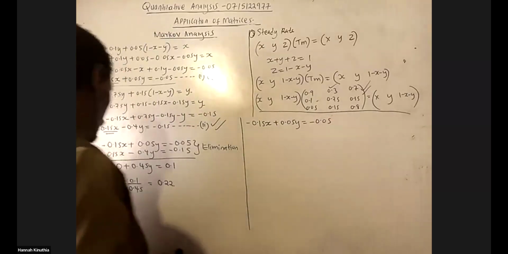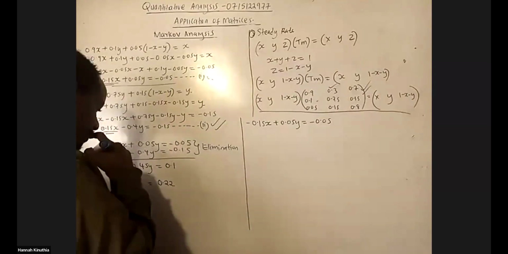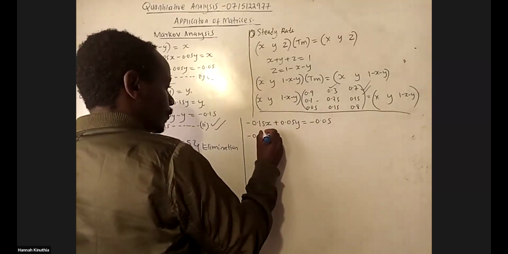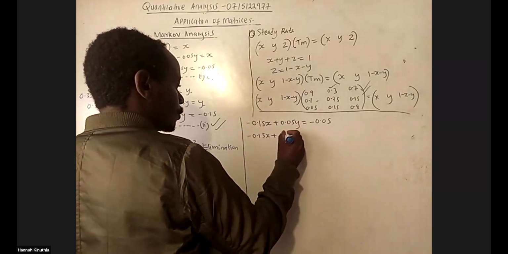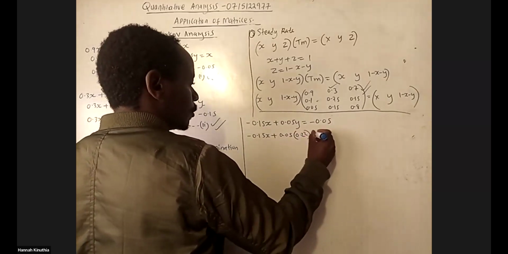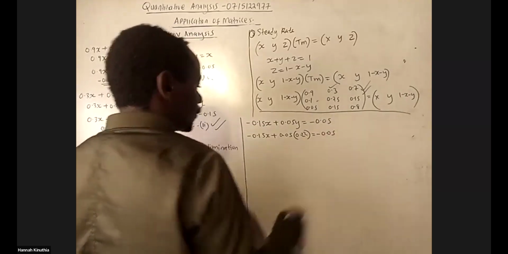So let us find the value of y. Itakuwa minus 0.15x plus 0.05, tunaweka 0.22 equal to minus 0.05.